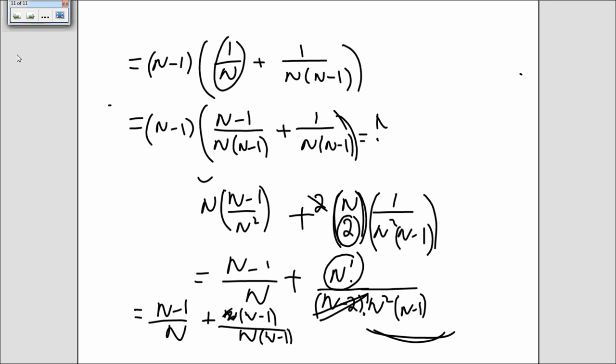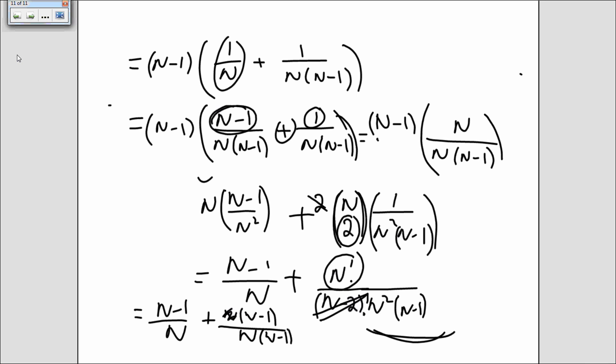So I have the n minus 1 in front times, and the denominators inside this sum are the same, n times n minus 1, so we add the numerators. If you have n and you take away 1, but you add the 1 back, you just get n. And amazingly, this answer is 1, because the n minus 1's cancel out and you're just left with n over n, and of course, n over n is 1. So the variance of x in this case is just the number 1.